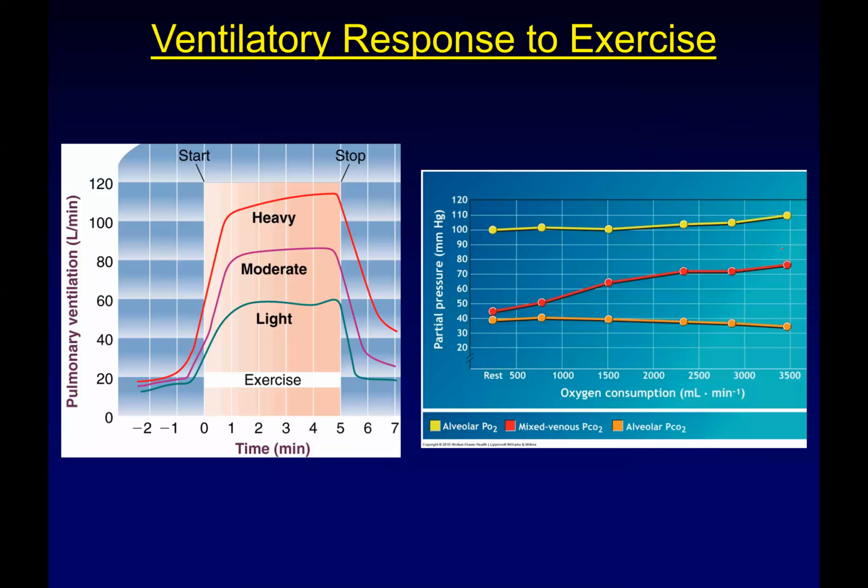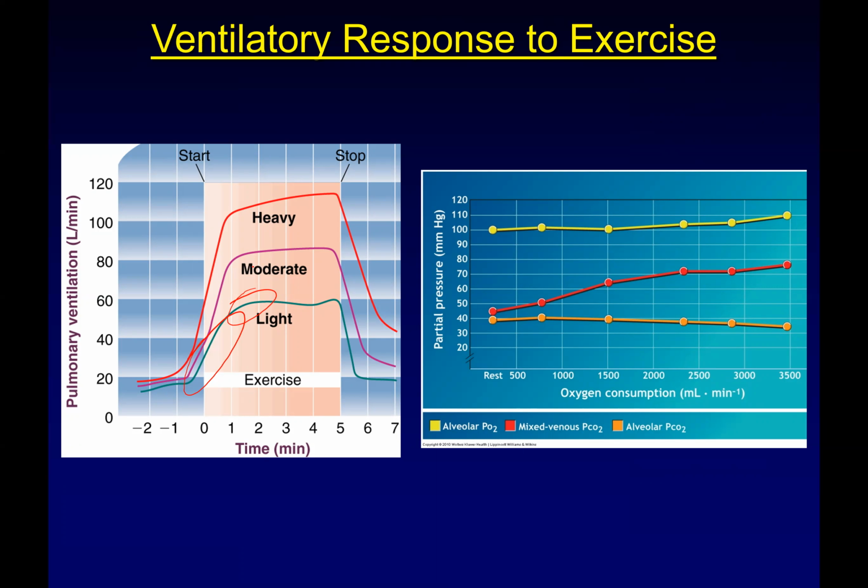And so what you can see is there is what we would call a phase 1 increase in breathing, and then there might be a phase 2 increase in breathing.